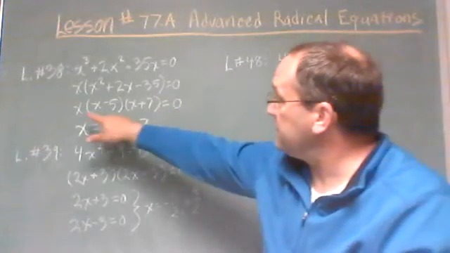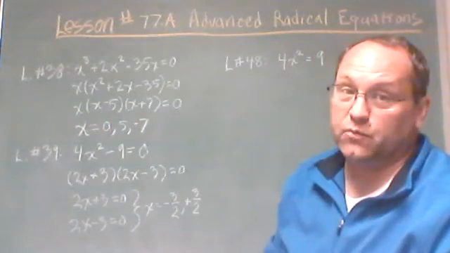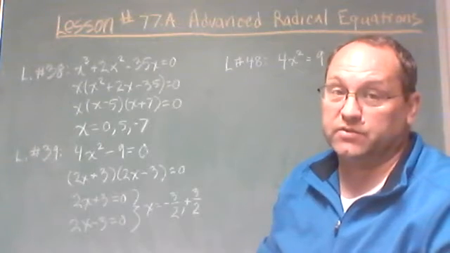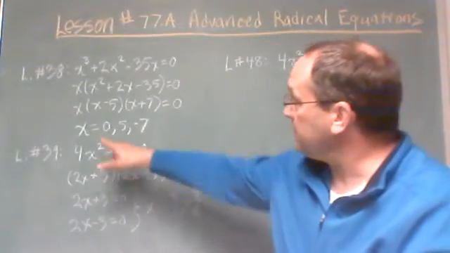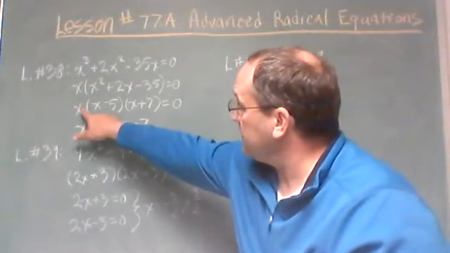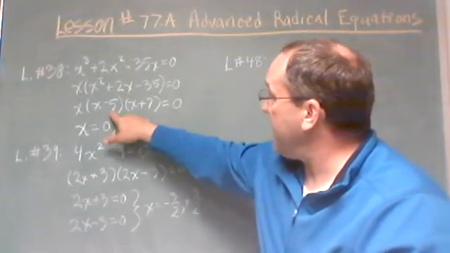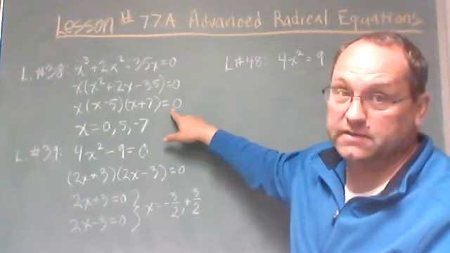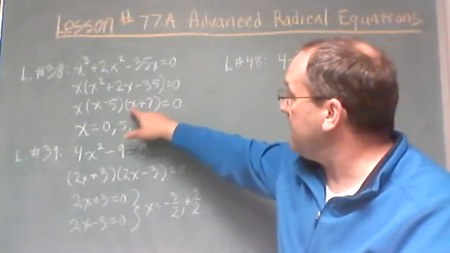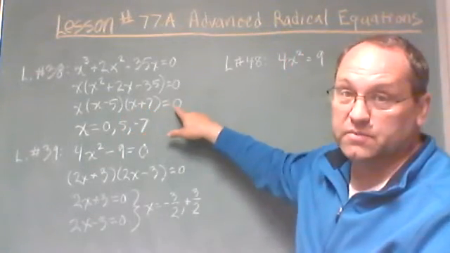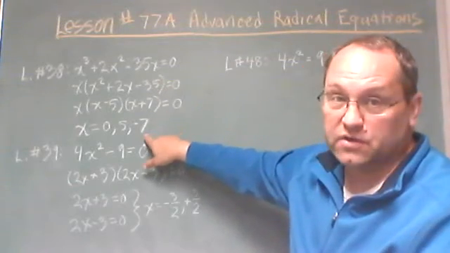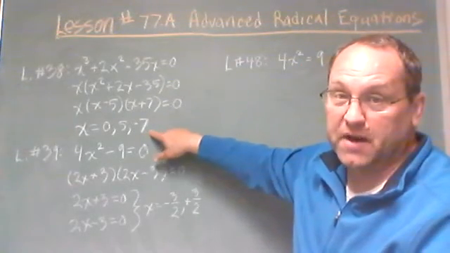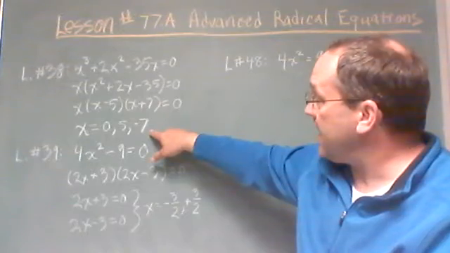If we set all of those factors equal to 0, that will give us possible solutions to the problem. x will equal 0, x minus 5 could equal 0, so solving for x, x could be positive 5. x plus 7 could be 0. If we solve for x, it could be minus 7. We have three possible solutions to that problem.